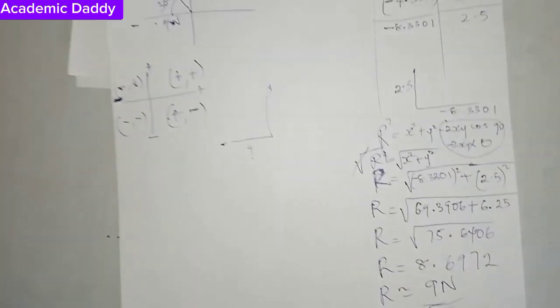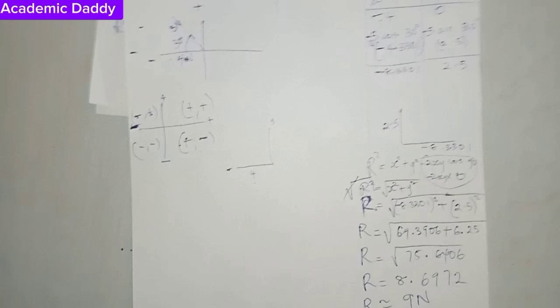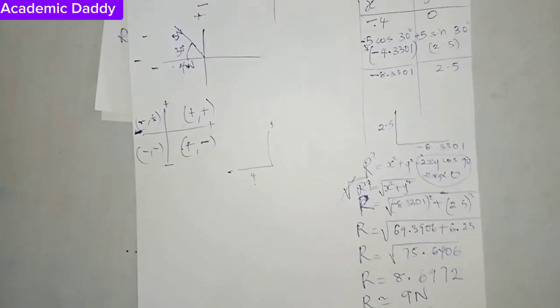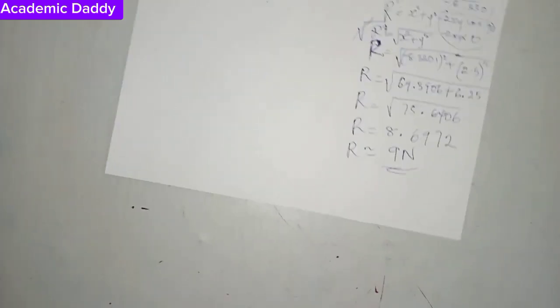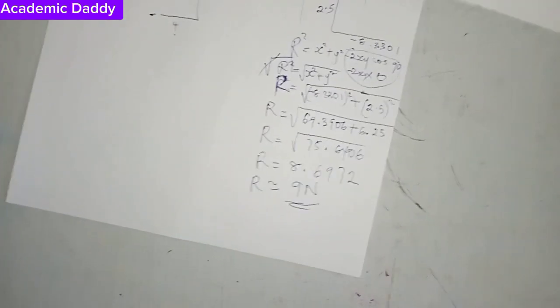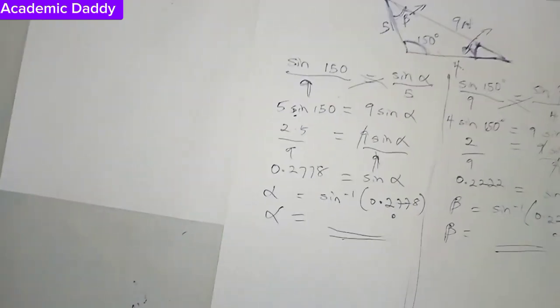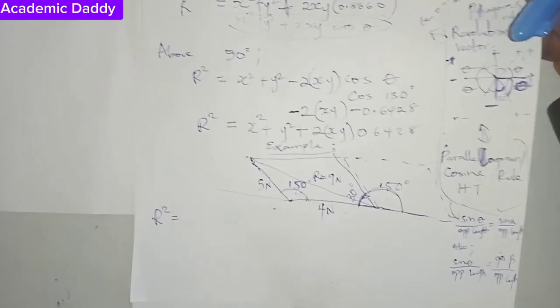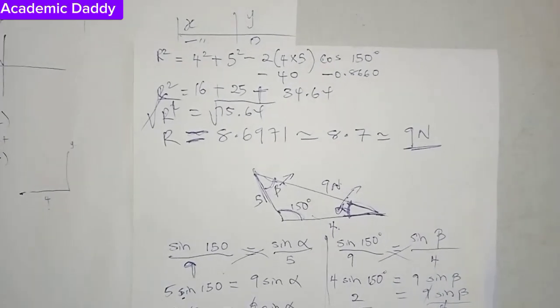So you see, this same answer we have here, that r is 9, by using resolution of vectors, is the same answer we got when we did using parallelogram for the resultant. Remember that when we used parallelogram for the resultant, after solving everything we got r to be 9.